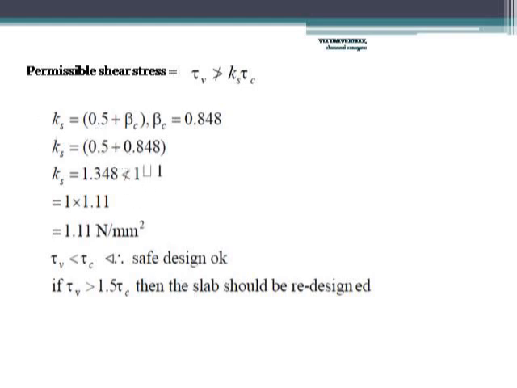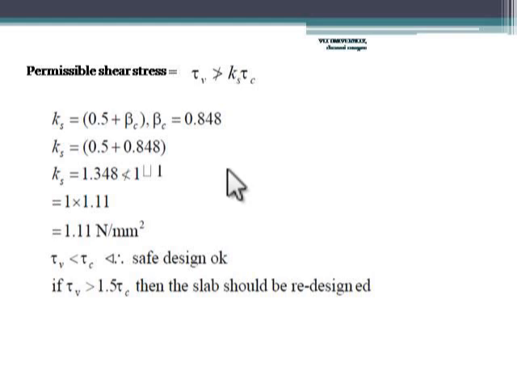So these are the modification factors from page number 38, where we can find a modification factor for tension reinforcement.